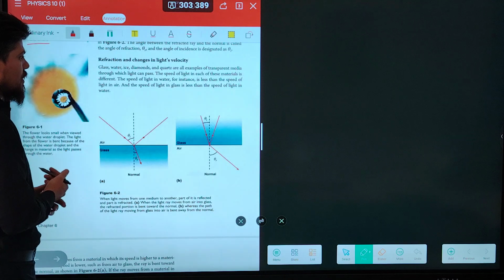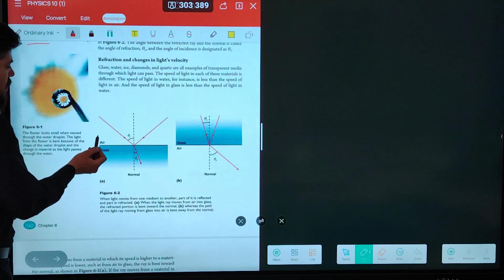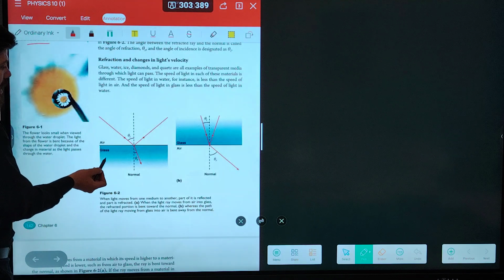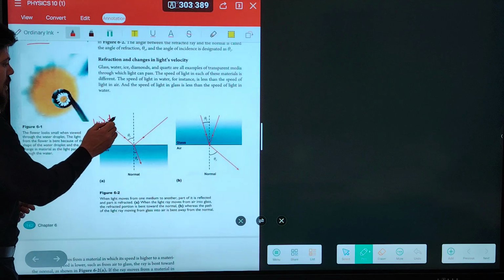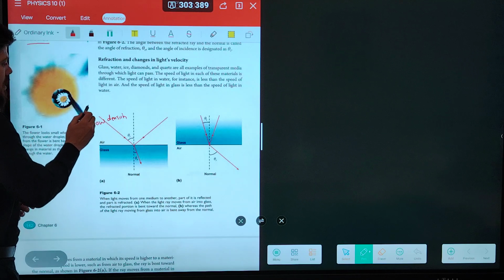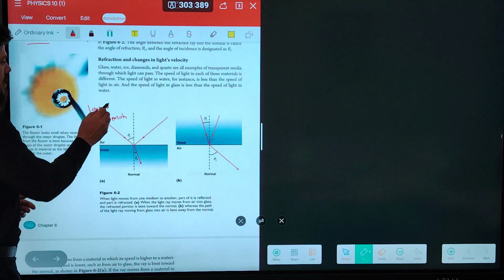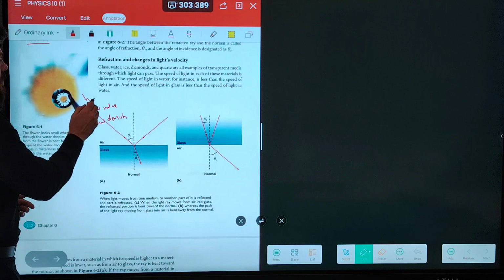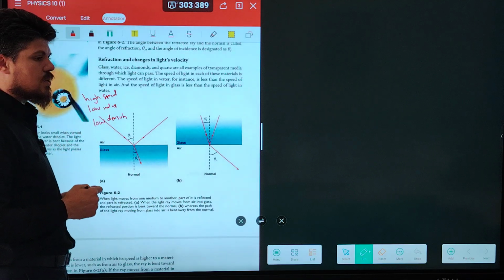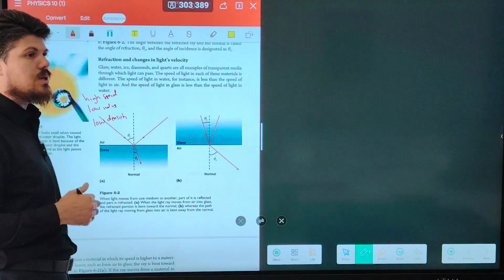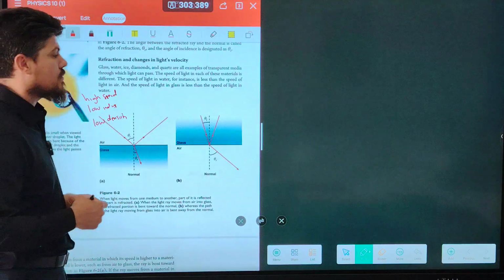As you can see in these two figures, in the first figure we have two substances, air and glass. When the light travels from air, which has low density compared with glass, low index of refraction, but high speed. Whenever the density is less, for the less dense medium, the speed of the wave is faster.